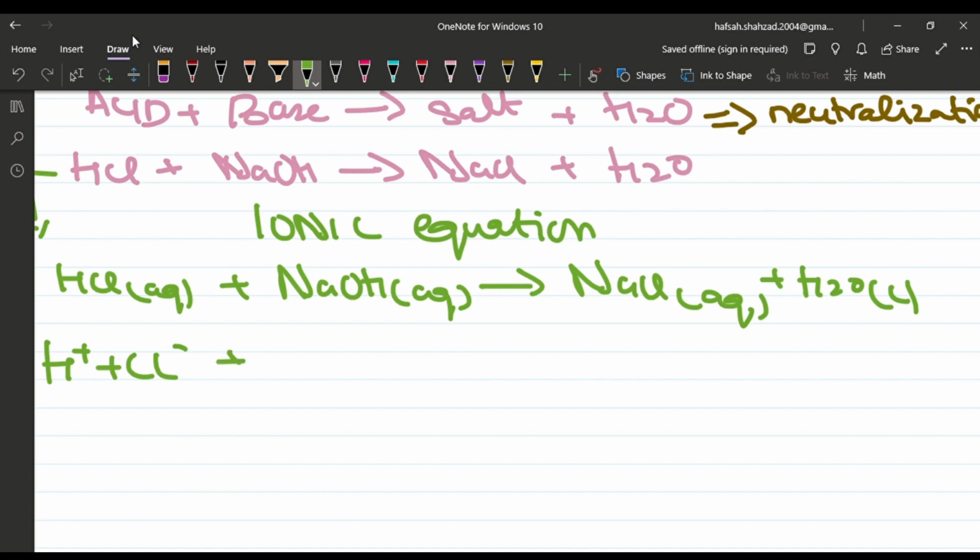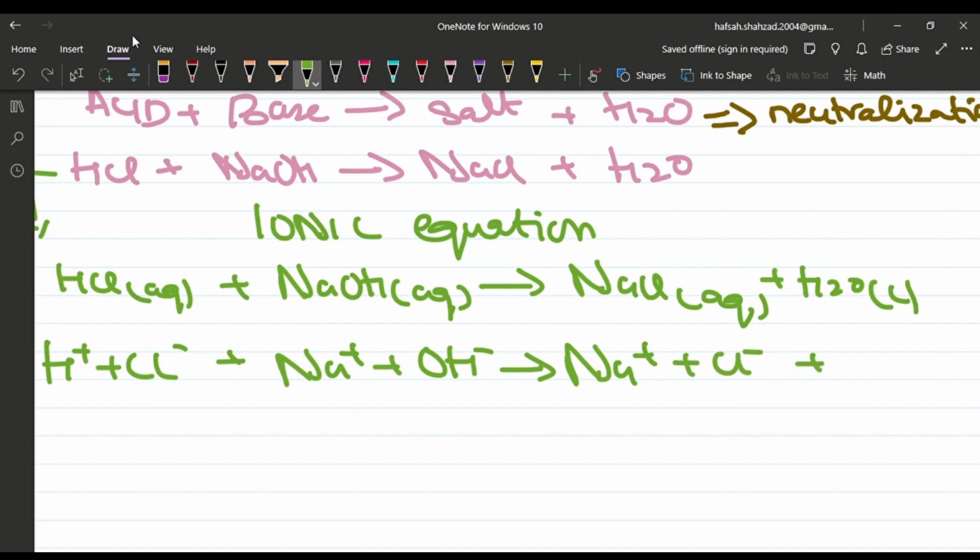NaOH is a strong base and it gives Na ions and OH ions in aqueous solution. And NaCl again is a soluble salt, so a soluble salt would give out its ions in aqueous solution.